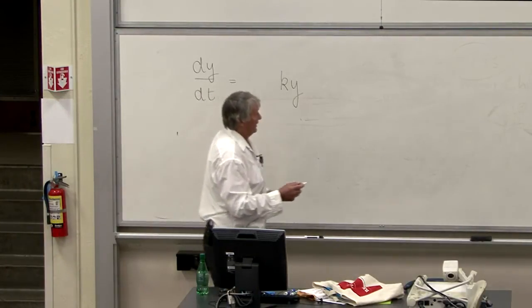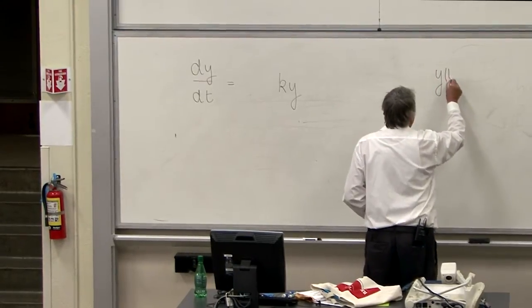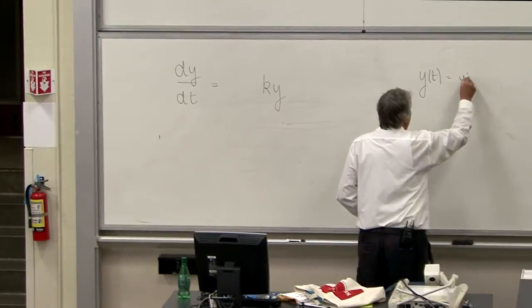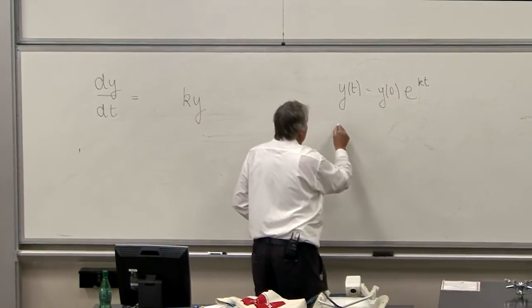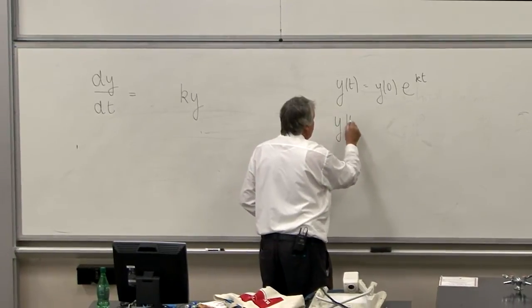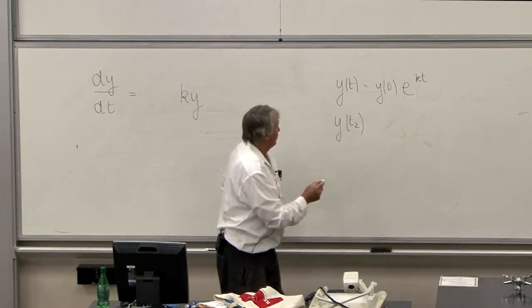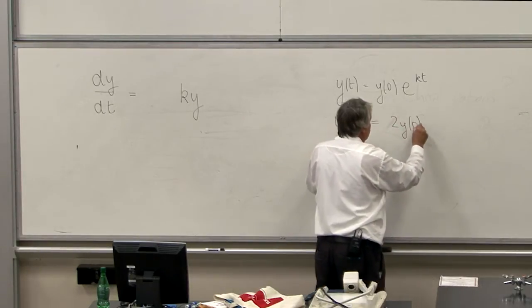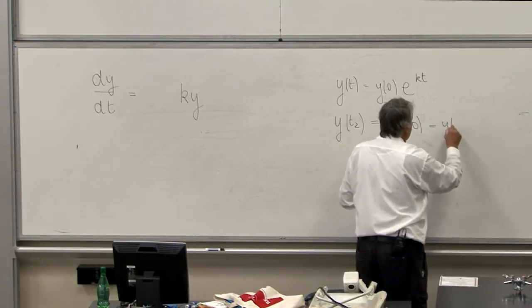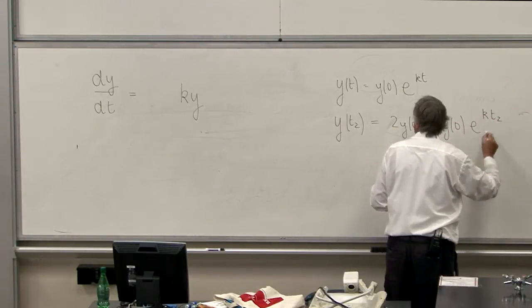Now, how did we get that? The solution of this equation is y of t equals y of 0 e to the kt. I told you that the time t2 taken to double the population: at t2, the population is 2 times y of 0, and that's equal to y of 0 times e to the kt2.